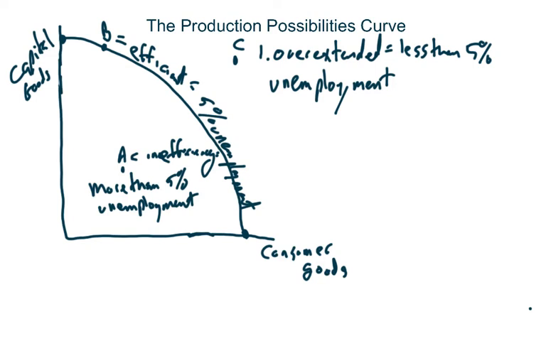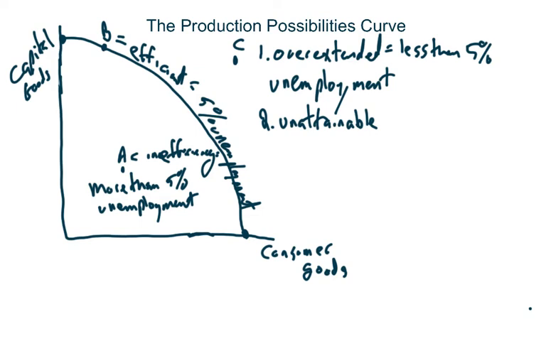The second thing that this could be is it could be unattainable. What does unattainable mean? It means it is impossible for us to get here. Maybe in the future we can, but we would need three things to make this possible.